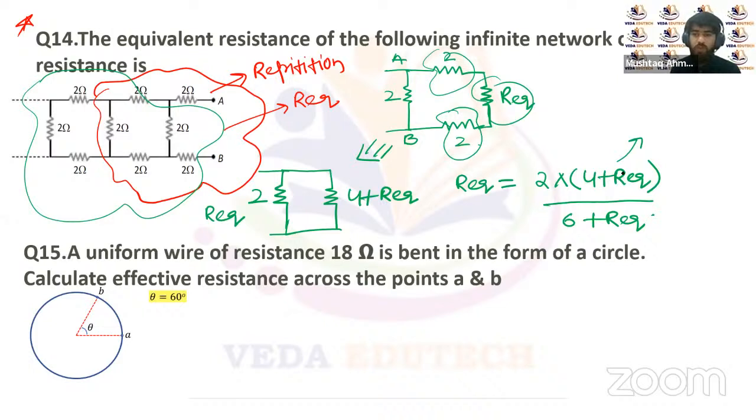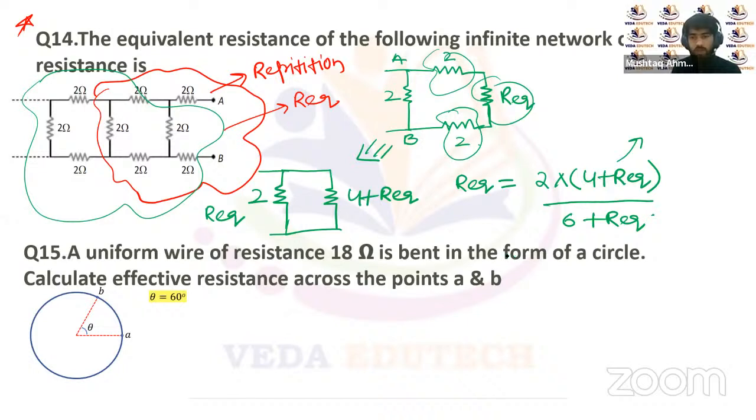If we put R equivalent 3, it will be 14 upon 9. If we put R equivalent equal to 4, it will be 16 upon 10, which once again does not satisfy.